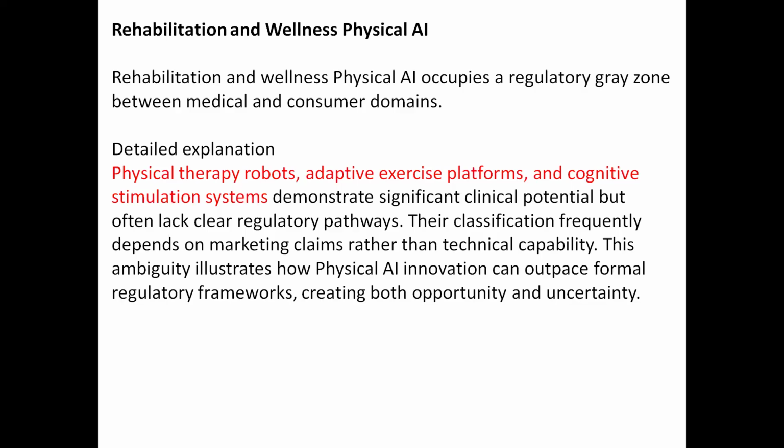Rather, it's things like physical therapy robots, adaptive exercise frames, and cognitive stimulation systems. The important thing is whether the act is medical or just for human well-being, with nothing to do with treatment or medical activities, right? So this is something we should keep in mind.